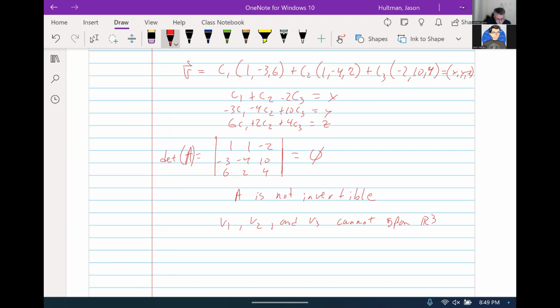Okay. So it's not invertible, and so those cannot span the R3. There's no way to get a linear combination that's going to give me every vector.